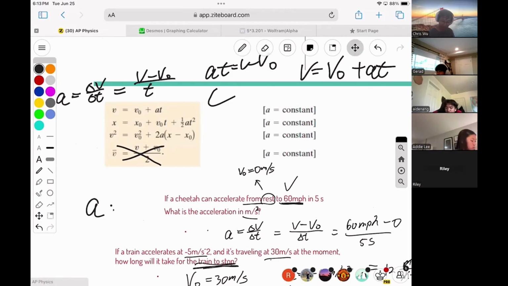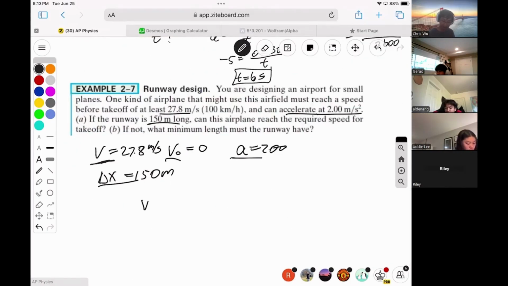Okay? So this equation says V squared is equal to V naught squared plus 2A times X minus X0, or in other words, delta X. X minus X0 is the same thing as delta X. So let's see. In fact, I just want it to be greater than it, because I want a speed that's at least that.